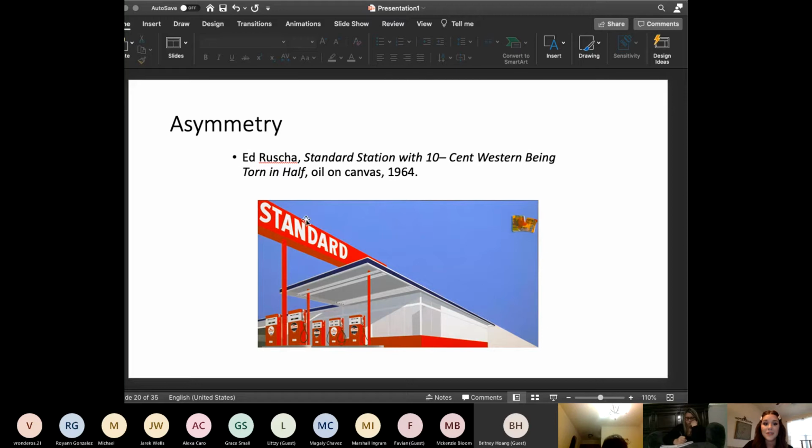But this is a great example of asymmetry here. So if we divide this painting on an angle, almost the entire subject matter is in the bottom triangle, and the top triangle is a solid blue. Blue is a cool toned color, so it has a lot of weight.